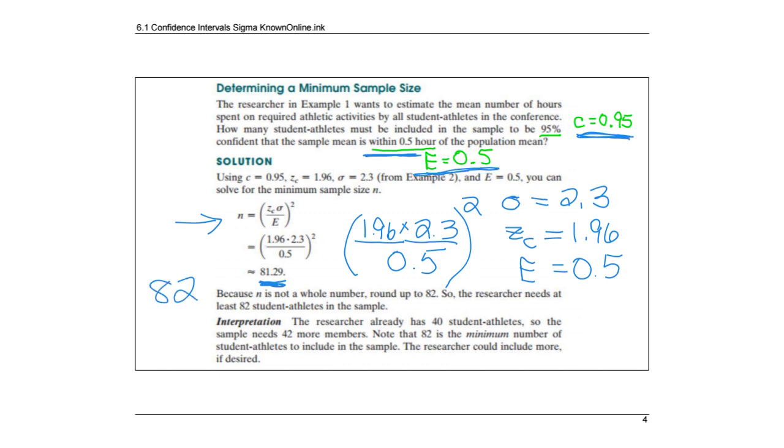Okay, so for this study, if the researcher wants to be 95% confident that the sample mean is within 0.5 hours of the population mean, then we would actually need 82 students. Since the researcher only looked at 40, he would need 42 more students.